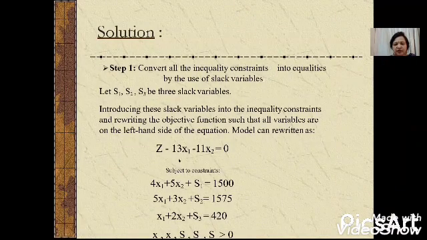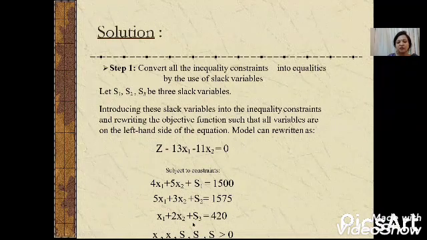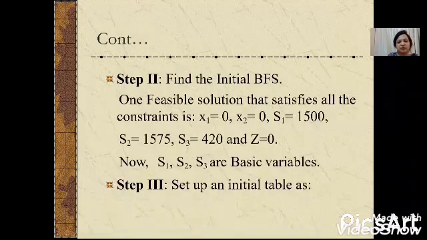In this form: z minus 13x1 minus 11x2 equal to 0, subject to the constraints 4x1 plus 5x2 plus s1 equal to 1500, 5x1 plus 3x2 plus s2 equal to 1575, and x1 plus 2x2 plus s3 equal to 420. And all these variables are greater than or equal to 0.